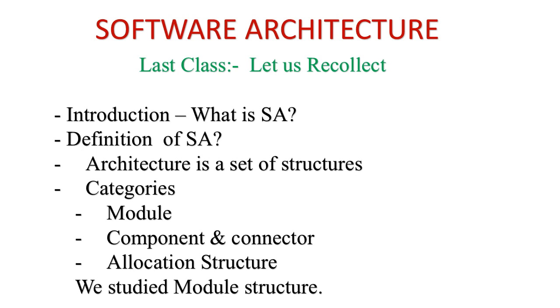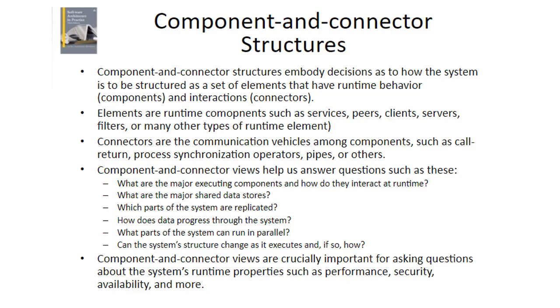We will move on to the next topic, which is component and connector structure. This component and connector structure represents decisions on how the system is to be structured as a set of elements having runtime behavior and interactions.